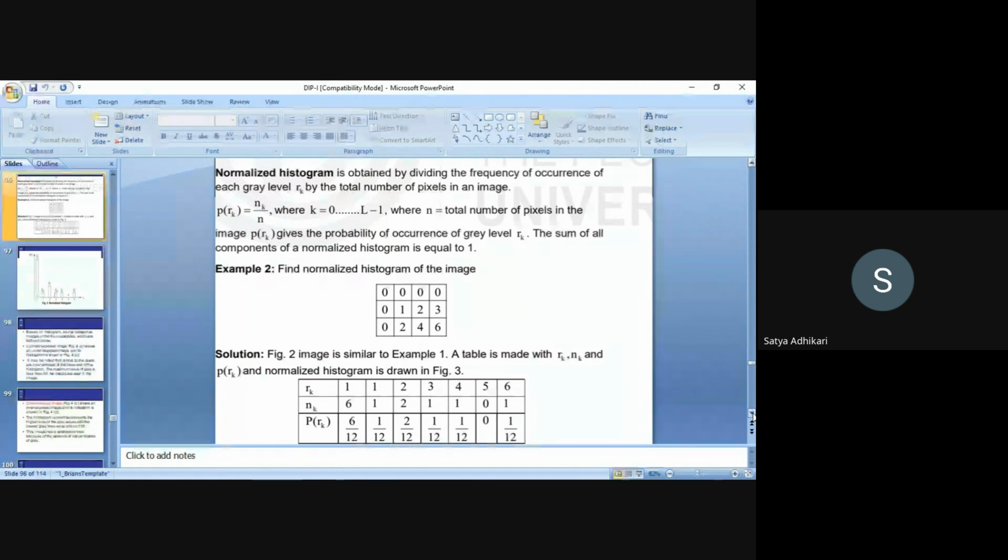As we know, the sum of the probabilities of all events of a sample space is 1. So here also, the sum of the probabilities of occurrence of all gray level values must give 1.